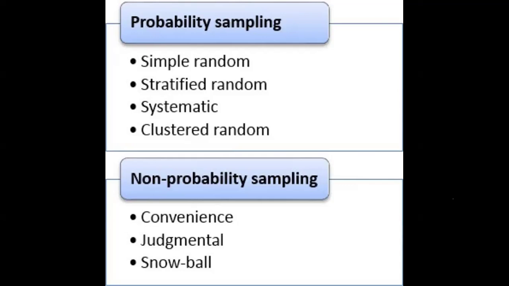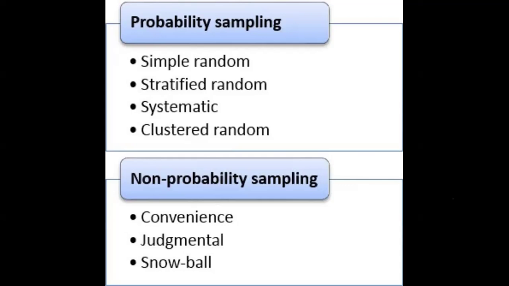As we mentioned earlier, if you select the wrong sampling method, the wrong population or the wrong sample size, you are going to end up with wrong results. You are going to end up with either a false positive or a false negative, the type 1 error or type 2 error. So that is a very important thing.